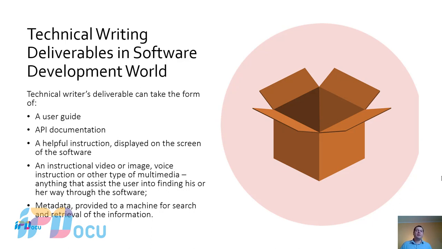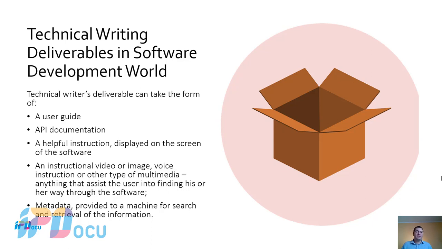But the technical writer needs also to be able to provide API documentation, user interface texts which are displayed on the screen of the software, embedded instructions directly on the screen, instructional videos, images, infographics, voice instructions, any types of multimedia which are going to help the user accomplish his or her job.